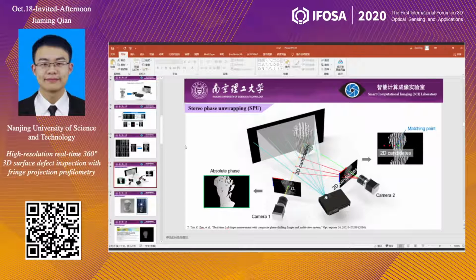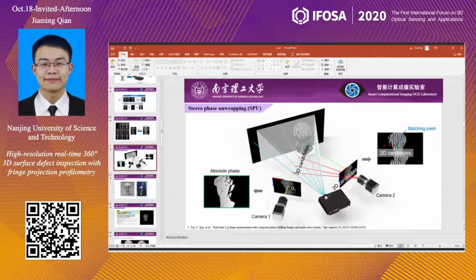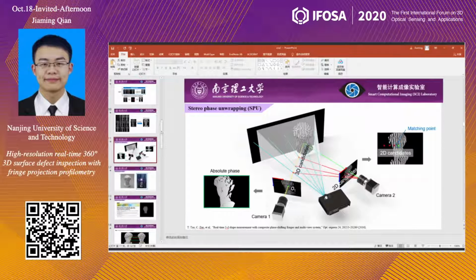So the object can only be rotated slowly. How slow? We didn't quantify how slow.